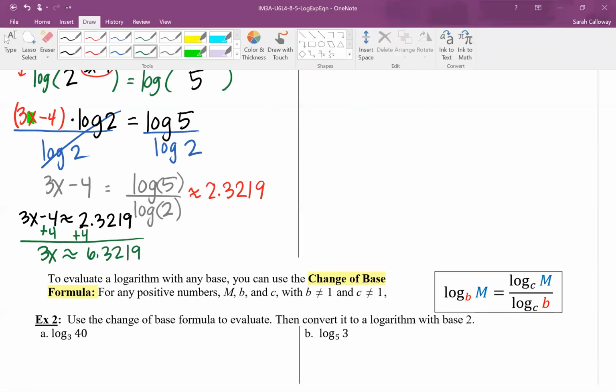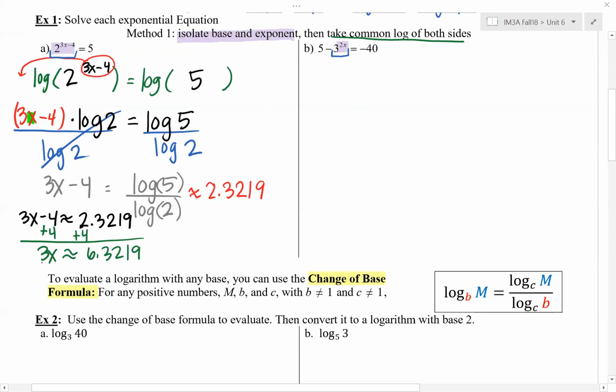And then I want to divide both sides by 3. And so that's going to give me that x is about 6.3219 divided by 3, which is about 2.1073.